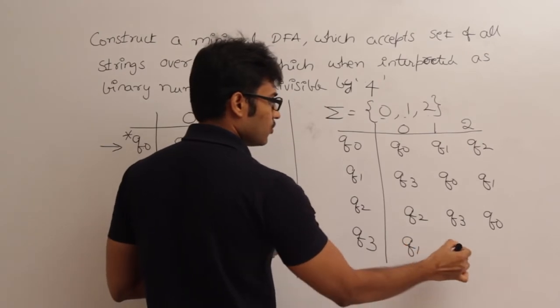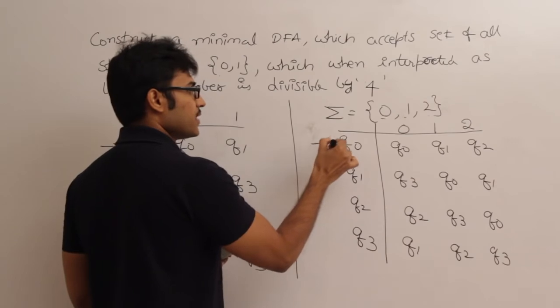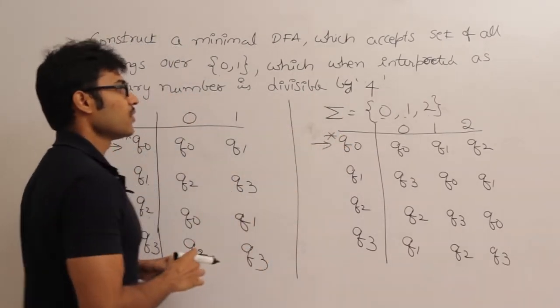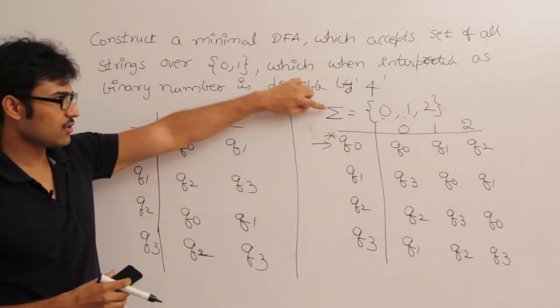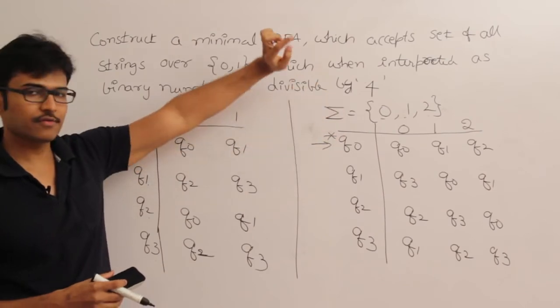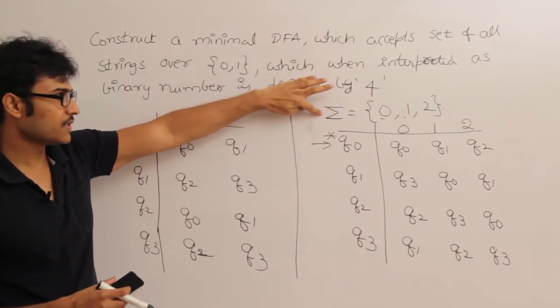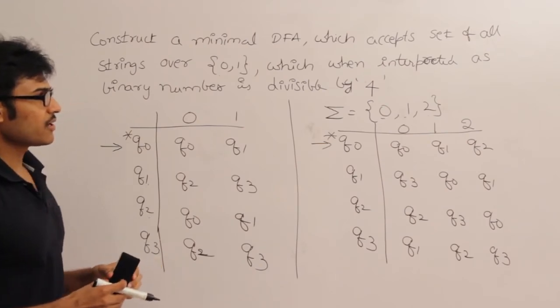Final state and initial state are Q0. So this is the DFA for the set of all ternary strings which, when divided by 4, give a remainder of 0.